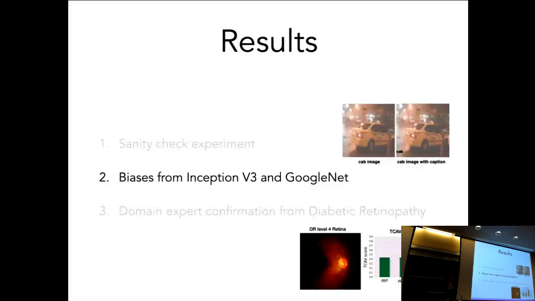I have a question, let me ask it now before you move on. The whole idea of using this concept vector with a directional derivative seems to be predicated on the notion that whatever concept you're looking at is a graded concept, that there can be more of it or less of it, and it's the direction that matters, as opposed to a location, meaning all the stripes are clustered here in this m-dimensional space, whatever the dimension of that layer is, and everything that's not stripes is somewhere else.